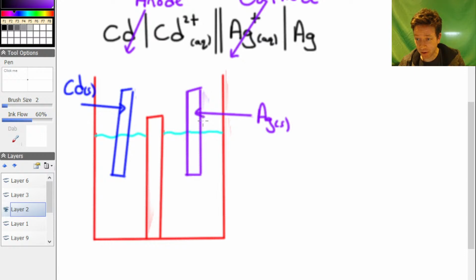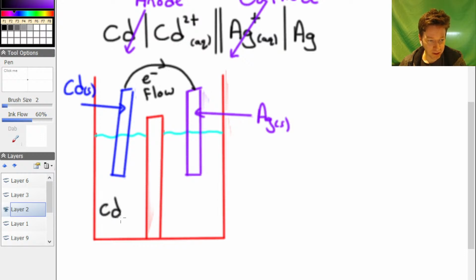Without any power source, because that becomes an electrolytic cell, the electrons are going to go from the anode to the cathode. So here's our direction for electron flow. Okay, and in our solutions we have, of course, ions. So we have cadmium ions 2+ and silver 1+.